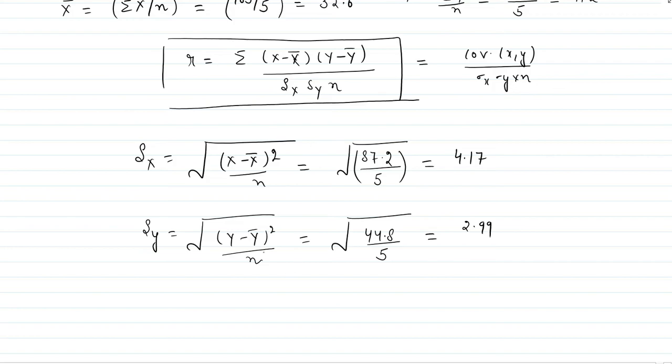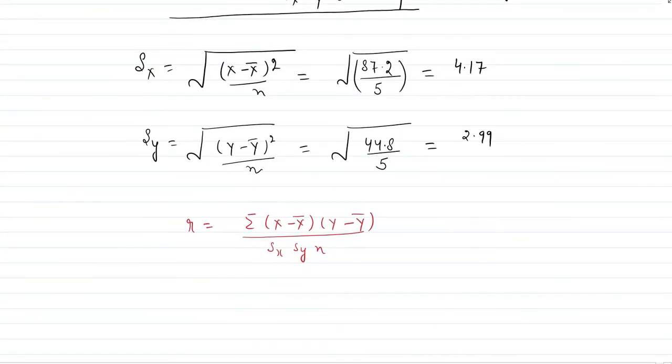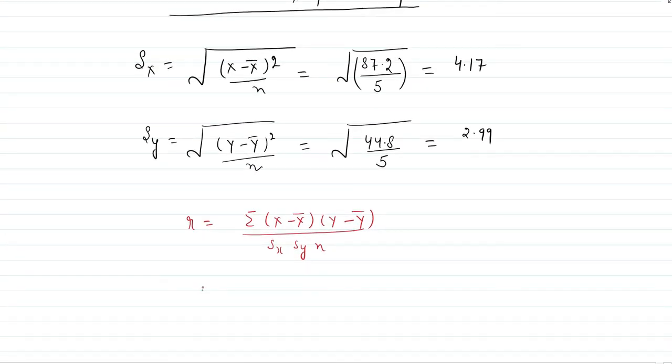So let's put it in the solution. R equals the summation of x minus x bar, y minus y bar, upon n sx sy. So R equals minus 56.6, the summation of x minus x bar and y minus y bar.